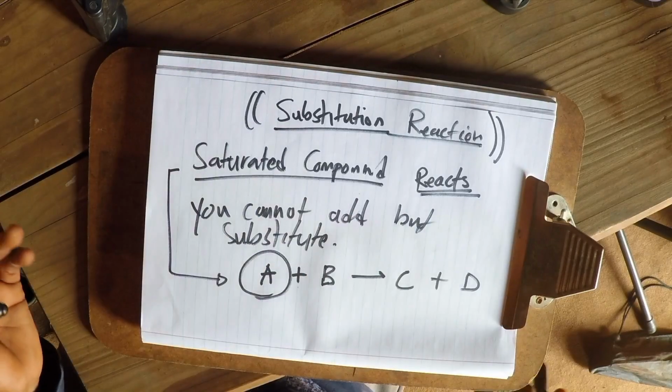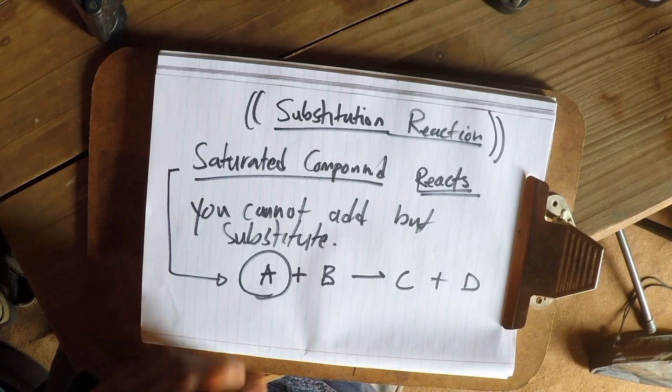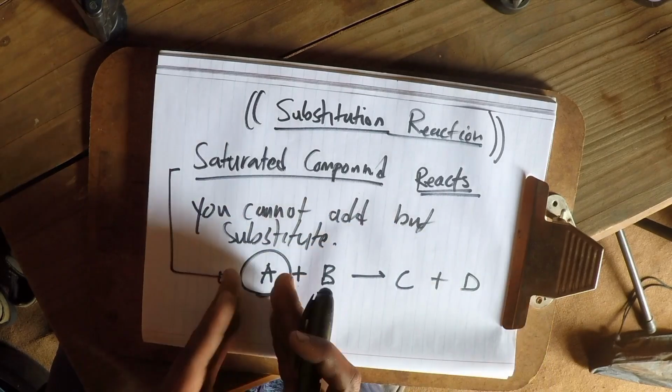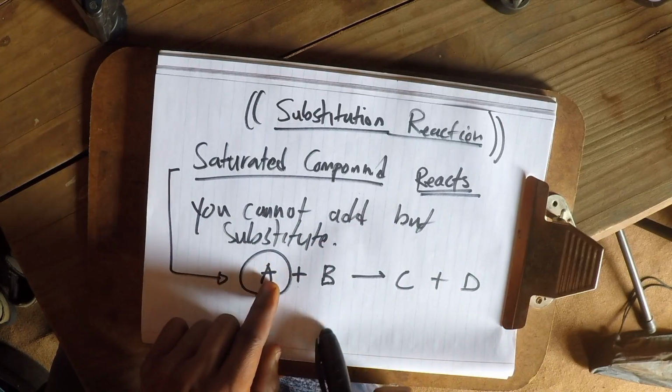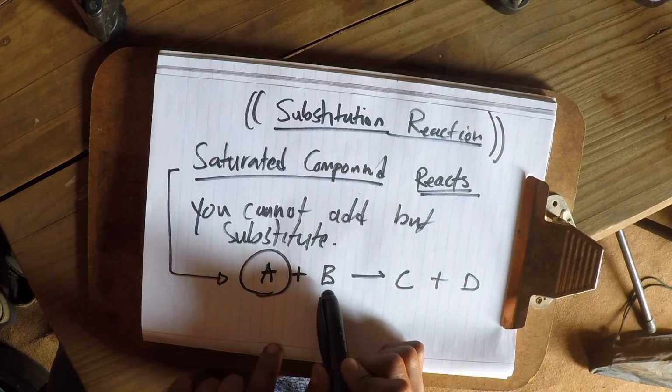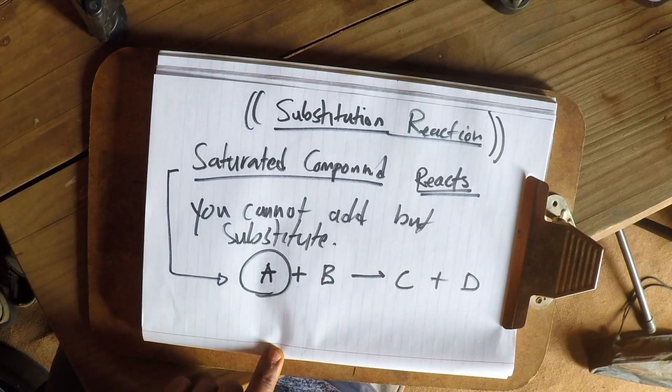It cannot accept anything. So the only possible way to create a product different from this reactant is if you take something out of this A and put something from the B and substitute it in the A.